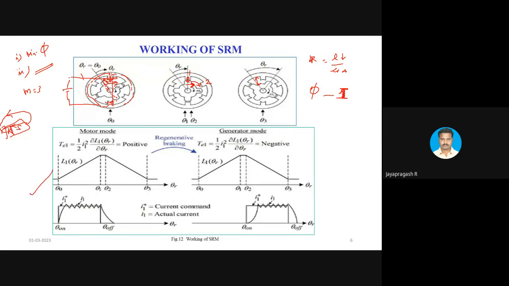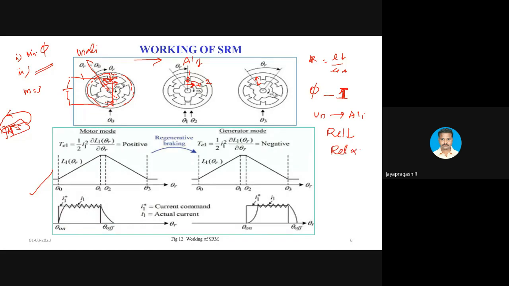See, this is the unaligned position. The rotor pole is lying between the two stator poles. This is called the unaligned position. Now, after exciting phase A, the rotor pole is attracted by the stator pole and it has obtained its minimum reluctance position. This is the aligned position. Now, the rotor is moving from unaligned position to aligned position. When it is moving from unaligned to aligned position, reluctance is decreasing.